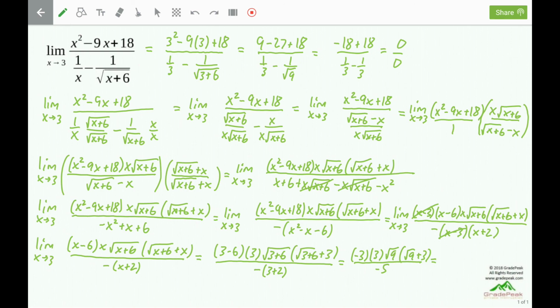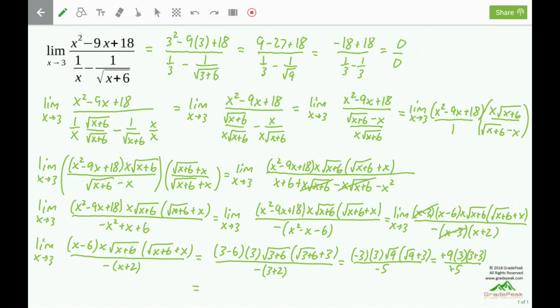Negative 3 times a positive 3 is a negative 9. Square root of 9 is a 3. Square root of 9 again is a 3, so we have 3 plus 3 there. I'll divide it by negative 5. Since the numerator and denominator are both negative, we can cancel the negatives out and just make them both positive at this point.